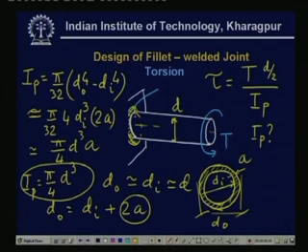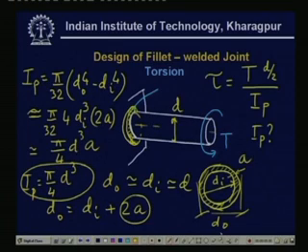Now, here if you consider this cross section, then what is now your A? A is nothing but the throat length, that is, A is T if you use the same connotations. Now, we know the shear stress due to torsion.